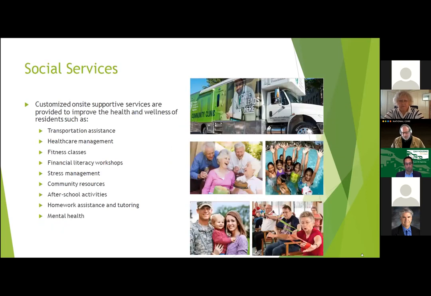So one of the reasons why affordable housing does improve the communities they're in and improve the lives of the residents is that depending upon the acuity level of the residents, there's comprehensive social services. And so, for example, in a special needs project that provides housing to formerly homeless folks or folks with significant mental health issues, on-site social services, mental health services, case management services are provided to help those individuals thrive.